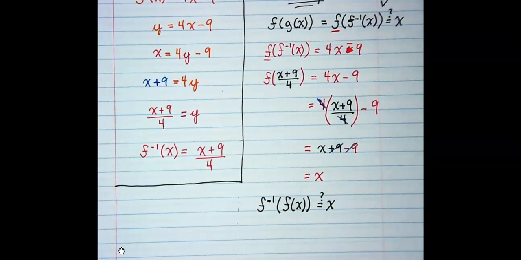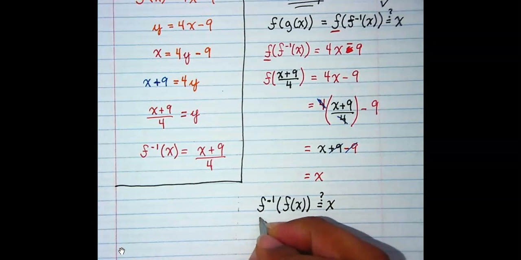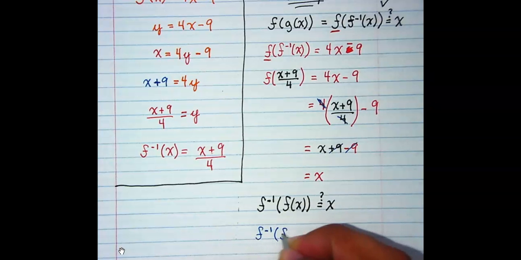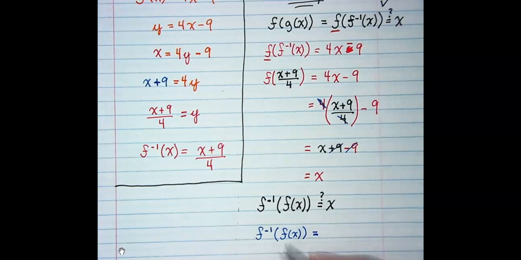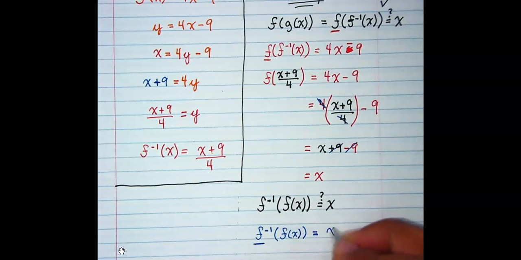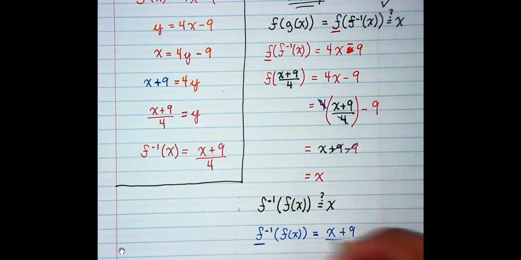Okay, so here, again, we're going to write the outside function down first. Here, the outside function is x plus 9 over 4.